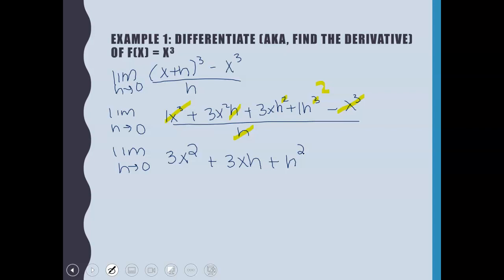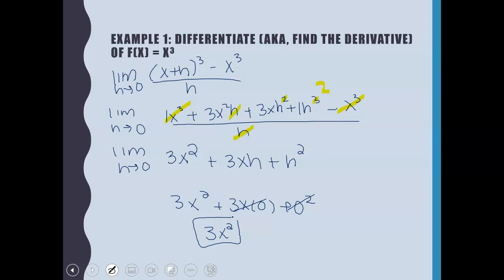Now, at this point, no issues with my denominator. Plug in h equals 0 for all h values, and I get 3x squared plus 3x times 0 plus 0 squared. So those all cancel, and I get that the derivative of x cubed is 3x squared.